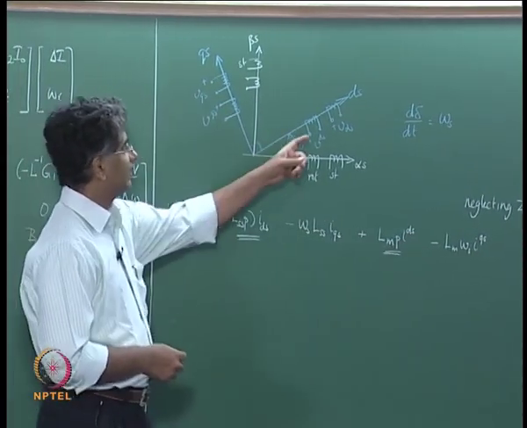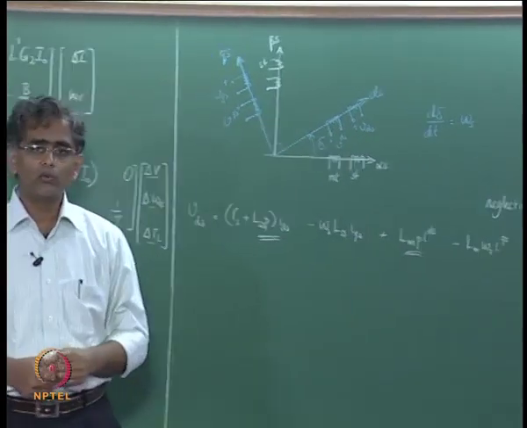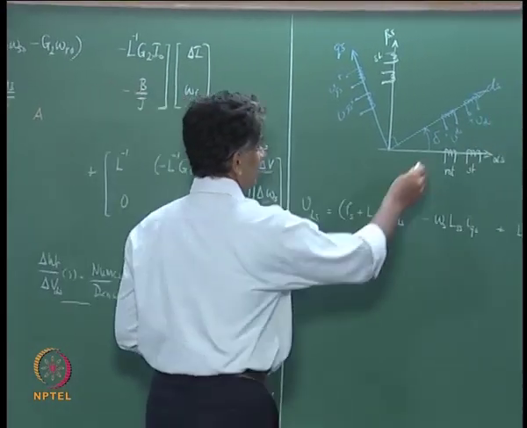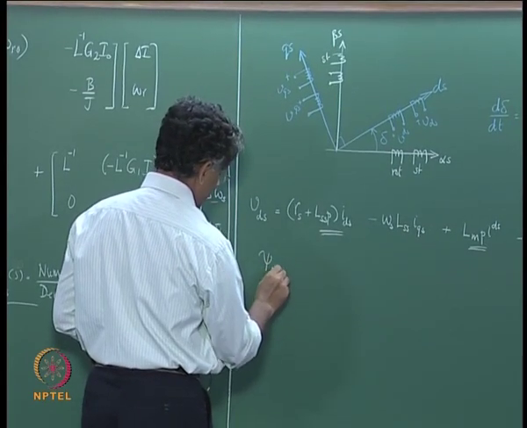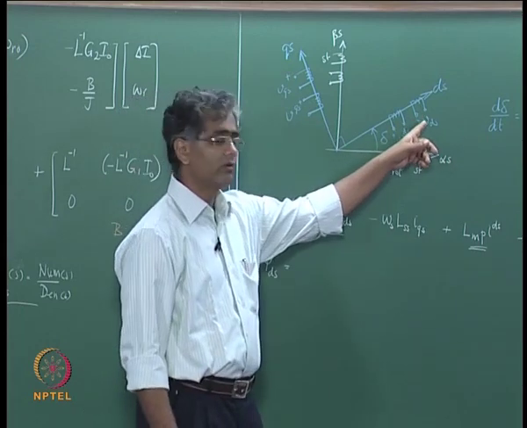If you have a system like this, you have one coil here and one coil here, and one were to write an expression for the flux linkage in this coil, let us say psi ds, how would you write it?